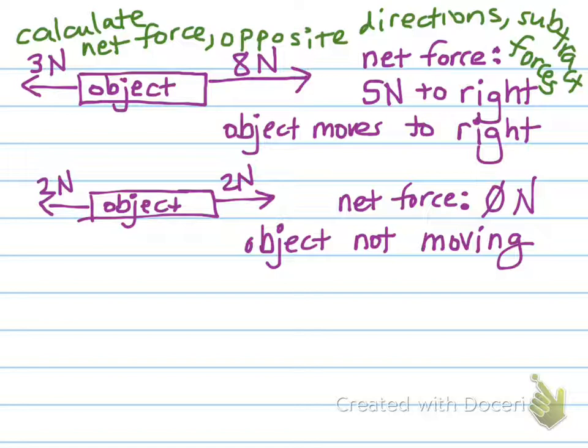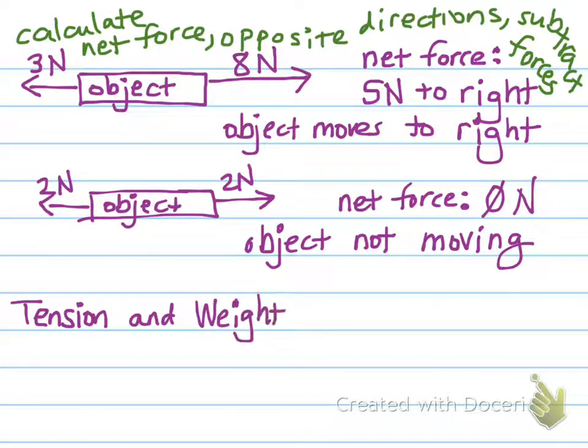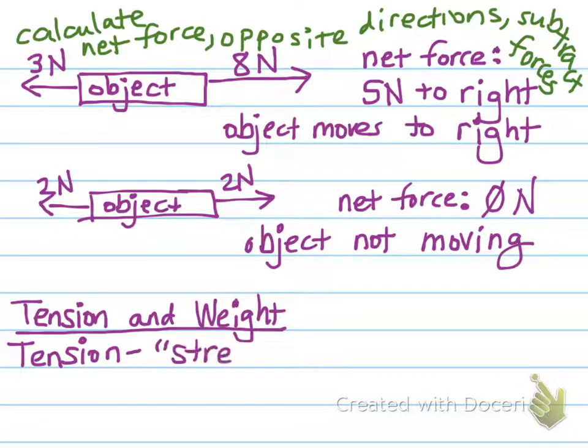The next section in our book is called Tension and Weight. Wasn't a whole lot in this section. They just give us a little bit of a definition of what tension is, which is a stretching force.